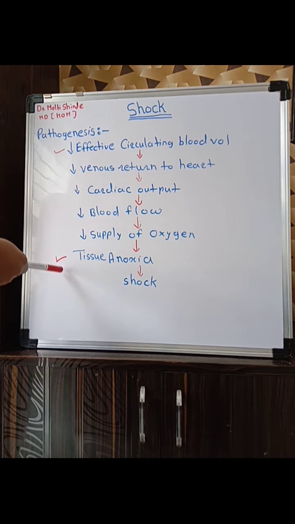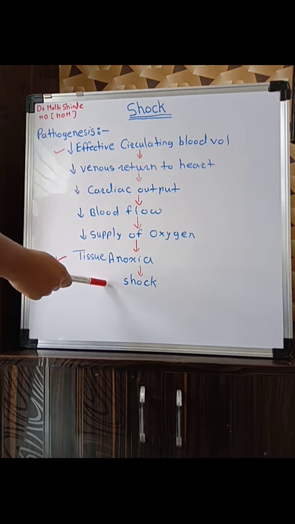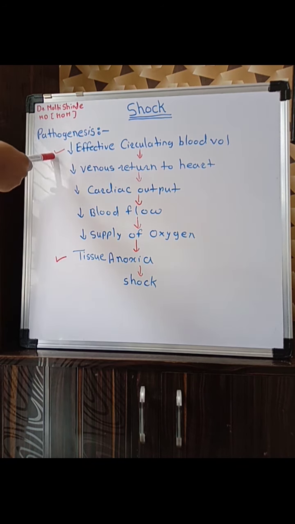In shock, total cardiovascular collapse occurs, and this is characterized by two factors: a decrease in the effective circulating blood volume, and second, tissue anoxia that leads to the secretion of toxins by the cells, and that leads to shock. So this is the common pathogenesis that may occur in hypovolemic shock, septicemic shock, or cardiogenic shock.